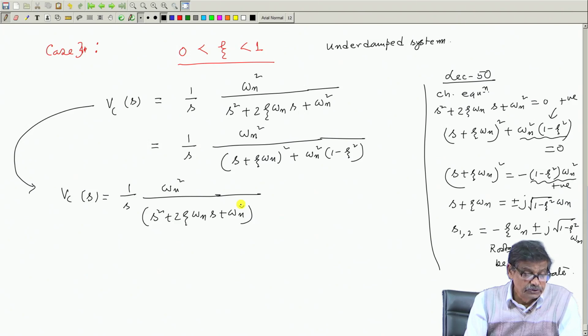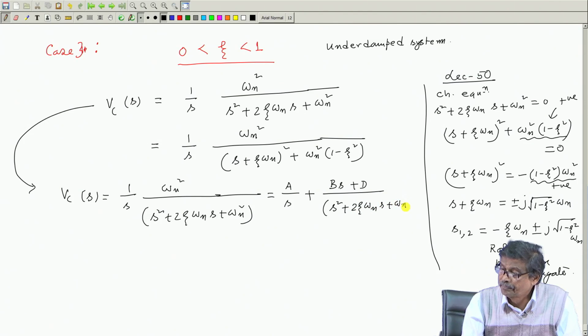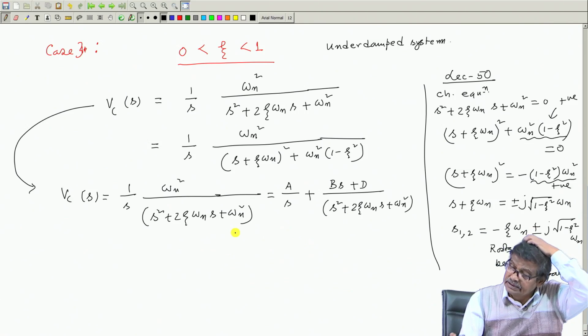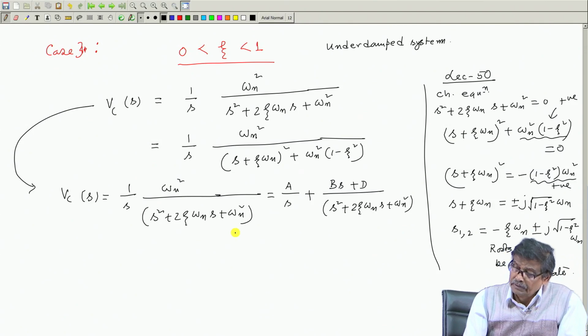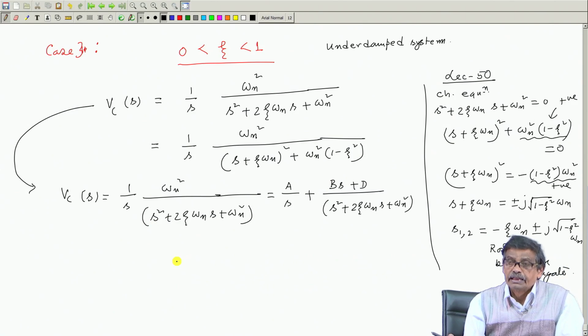I will assume that this is equal to A by s plus (B s plus D) over s square plus 2 zeta omega_n s plus omega_n square, because a square term is there. I will treat it as an identity and try to find the values of A, B and D.